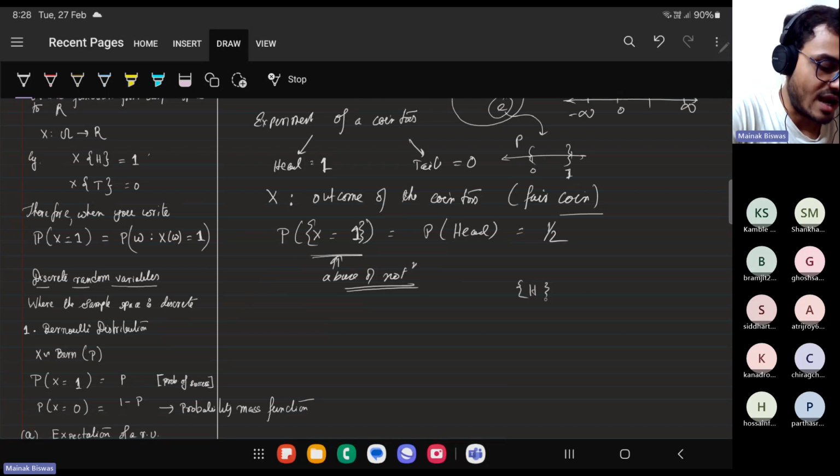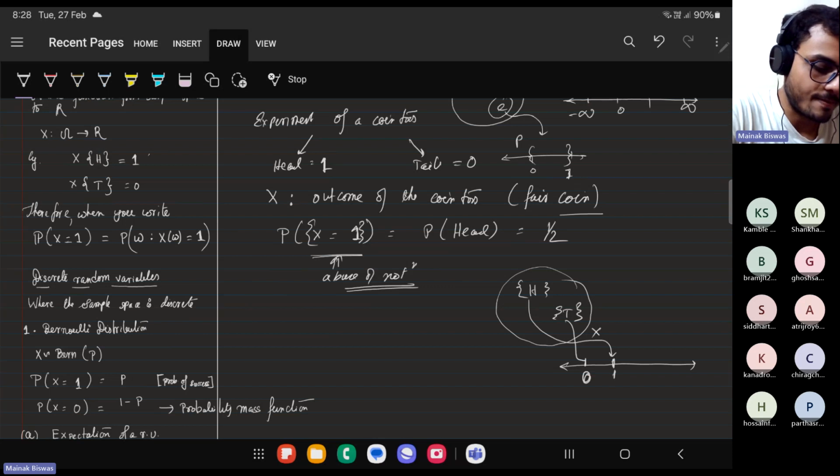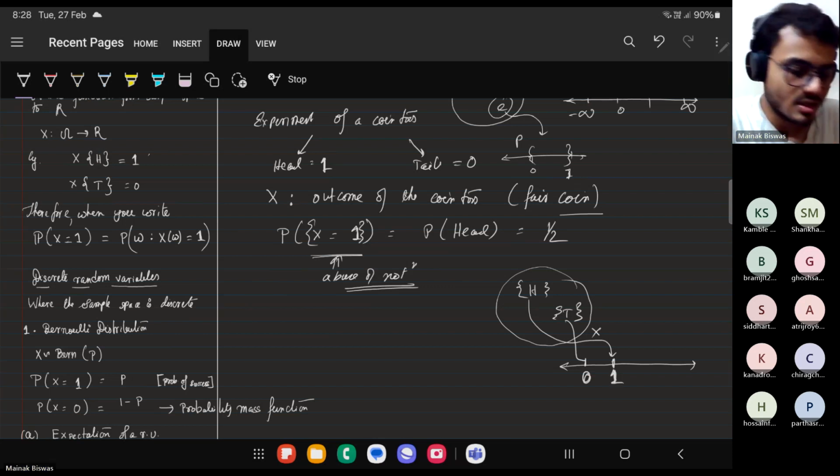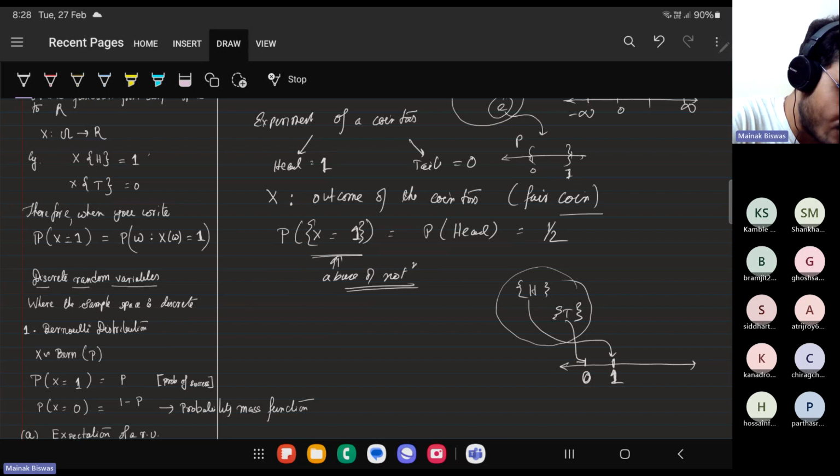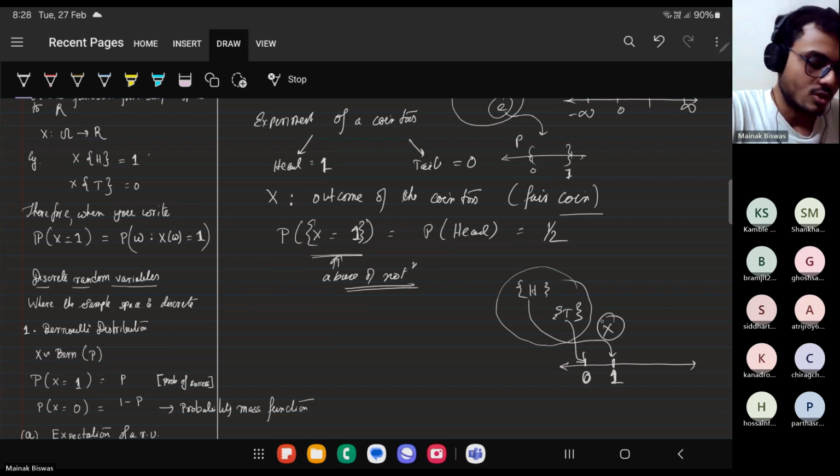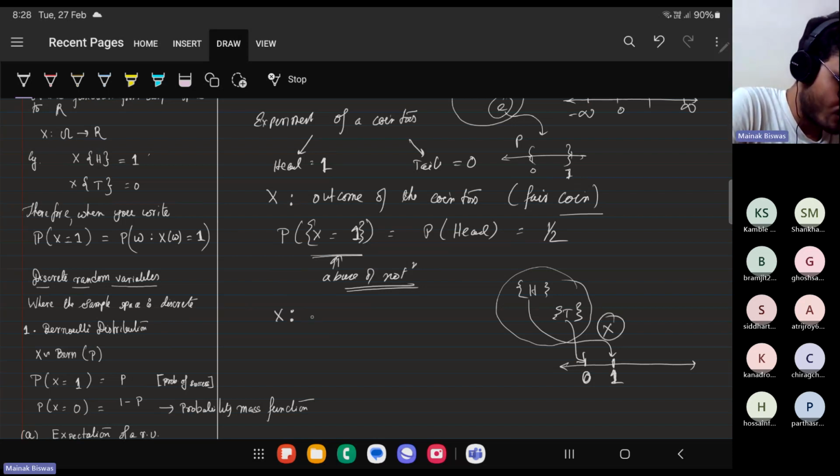If I have head and tail as two outcomes of the coin toss, x will map head to 1 and tail to 0. Do you agree? This is the random variable that we have defined. So do you agree x is a mapping from the sample space to the real number line?